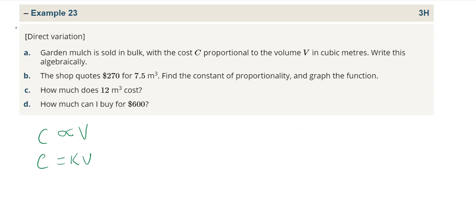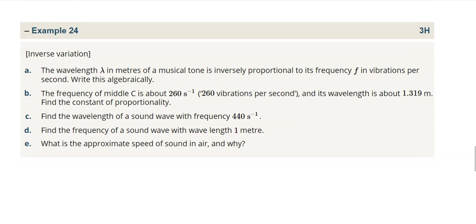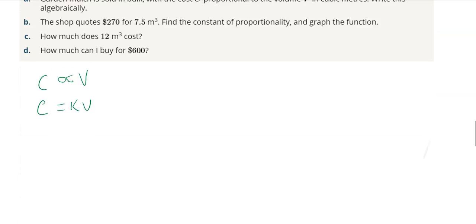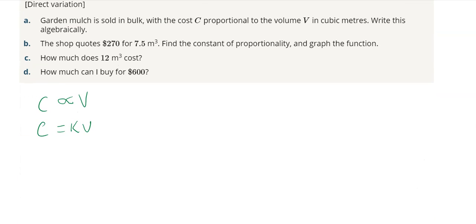I'll just explain this and it'll make a bit more sense. So the first thing we need to do is essentially define K. As they've said, garden mulch is sold in bulk with the cost C proportionate or proportional to the volume V in cubic meters. Write this algebraically. So the difference there being they've told us it's proportionate or proportional. And so we know then that the cost is proportional to the volume.